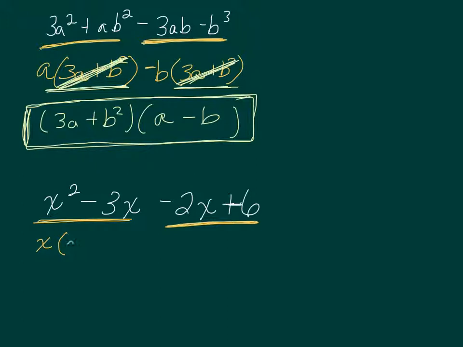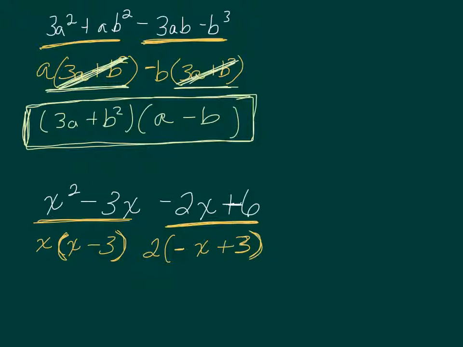I took one of them out, so I have one left. And I have minus 3. Alright? Now, I have a 2 in common in the second. 6 and 2 are both divisible by 2. So I'm going to bring a 2 out, and I have negative x plus 3.